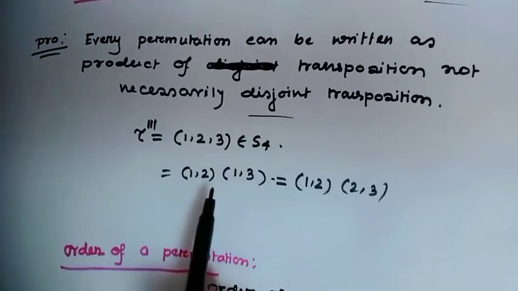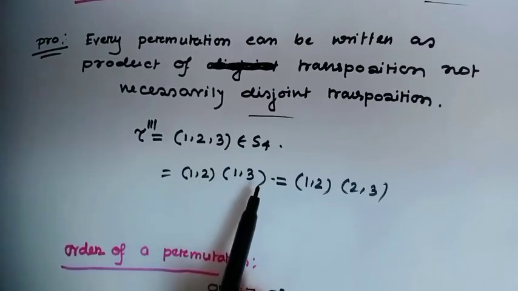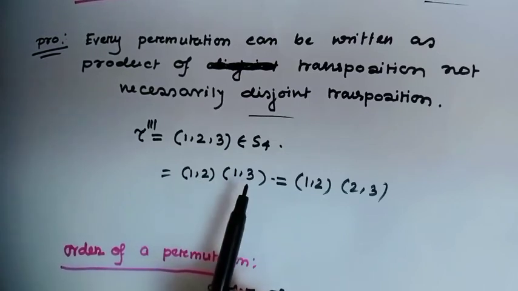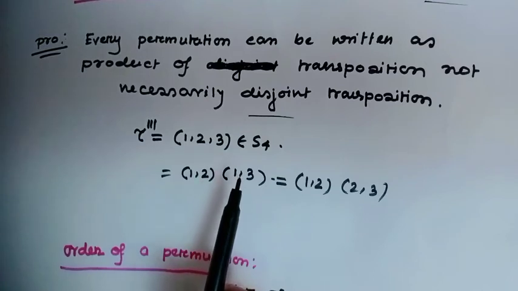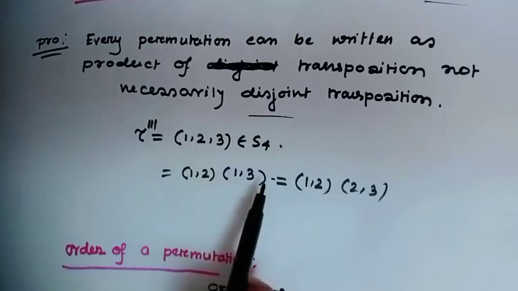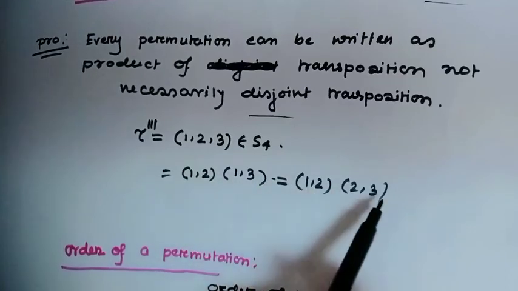Here look, they are not disjoint transpositions. Here 1 is common in both cycles, and this is not a unique method. We can write any cycle with different transpositions. This is similarly (1 2)(2 3).